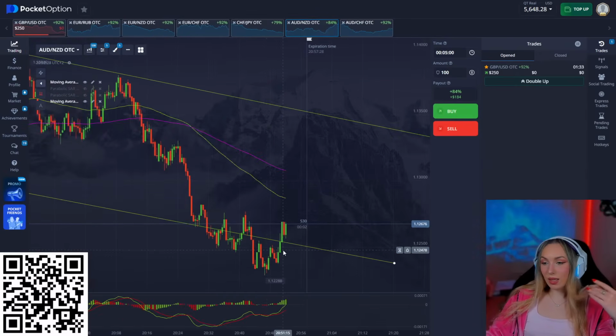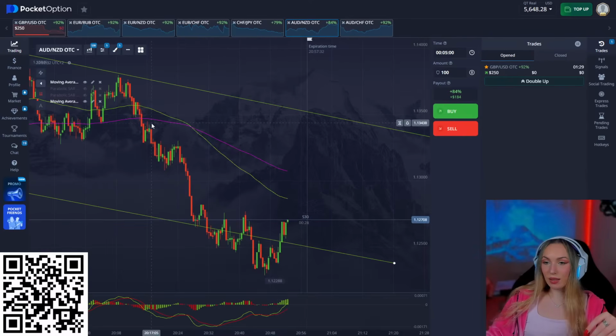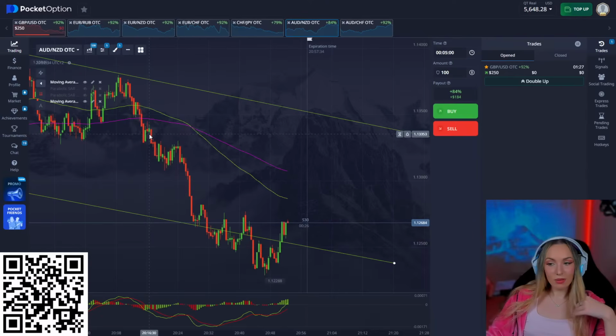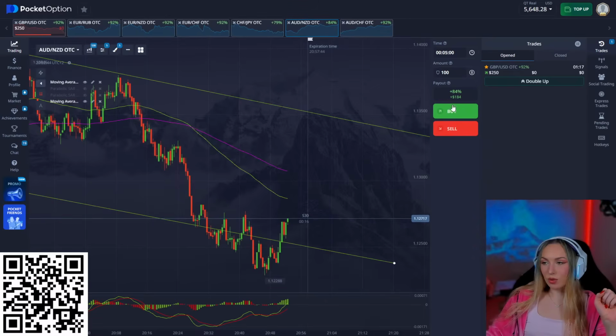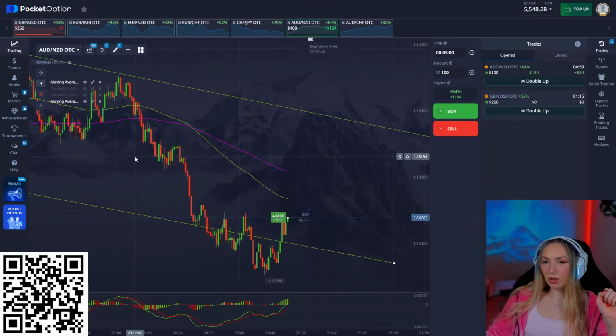Oh, AUD and NZD actually looks like it's returning back to the downward channel. Maybe actually here I would love to open the trade. $100 AUD and NZD, again 5 minutes there.